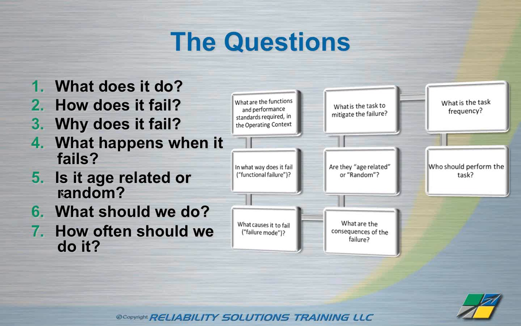failure mode. And then the final is who should perform the task, and this is something that RCM doesn't address, but we try to with ASD because we think it's important. And bottom line is, for it to be cost effective, you need to select essentially the least expensive person that can still adequately perform the task.